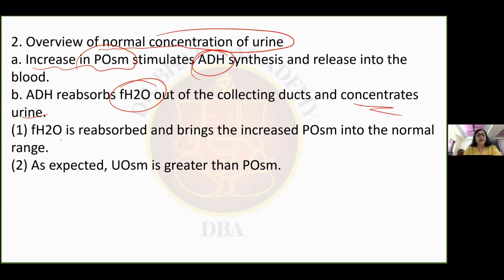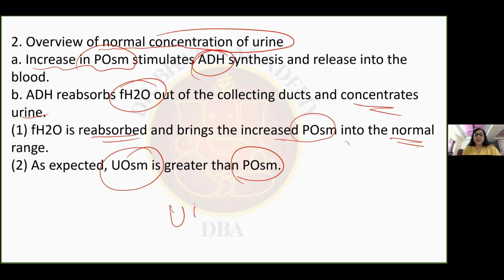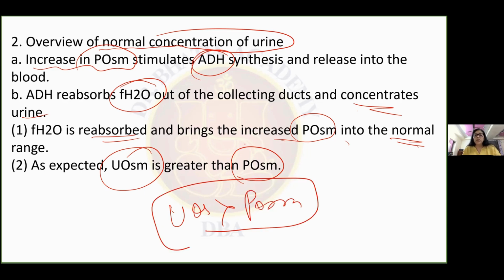Once the water is reabsorbed, the increased plasma osmolality comes back to normal. So urine osmolality is always greater than the plasma osmolality. Once the body has its own water system in balance, only then will you filter out and lose water. So urine osmolality is always greater than the plasma osmolality. This is normal physiology.